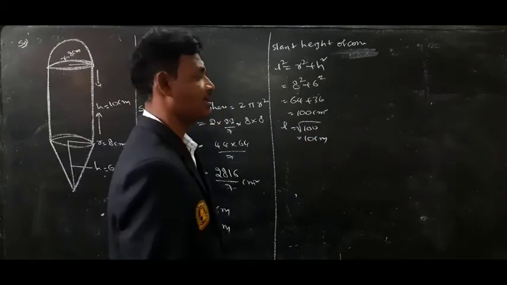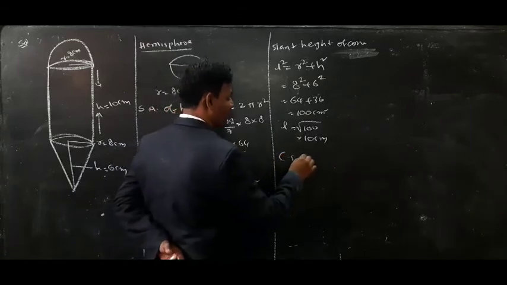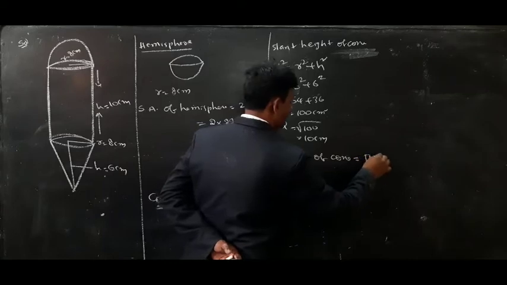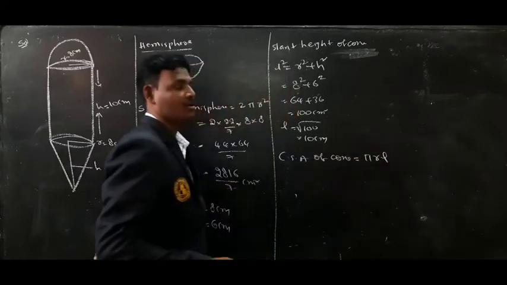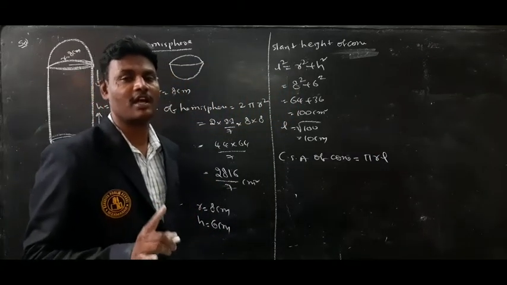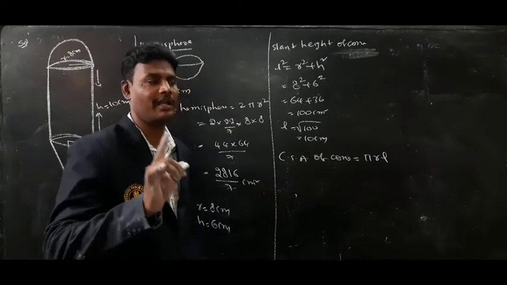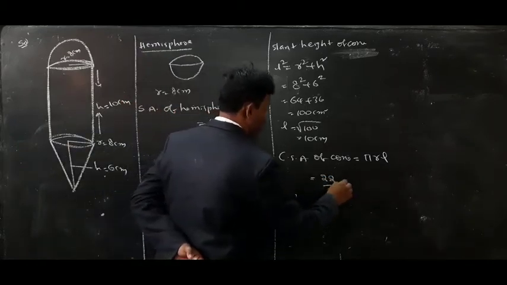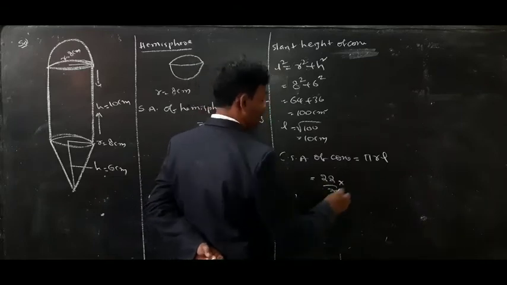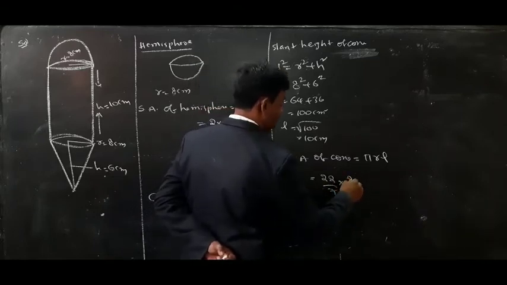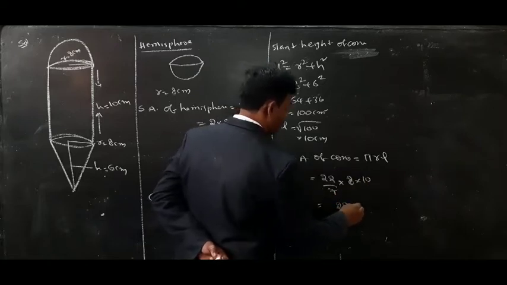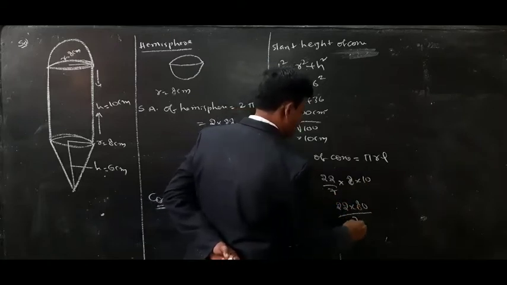Now I am going to find the curved surface area of the cone. To find it, what is the formula? Pi r l. Pi means 22 by 7, into the radius 8, into 10, which is 22 into 80 by 7.